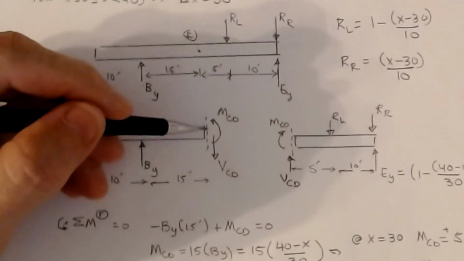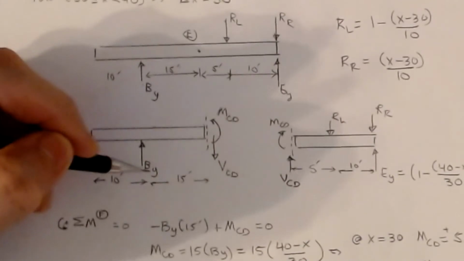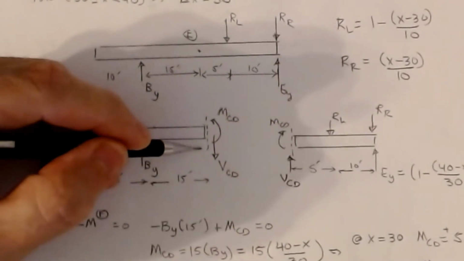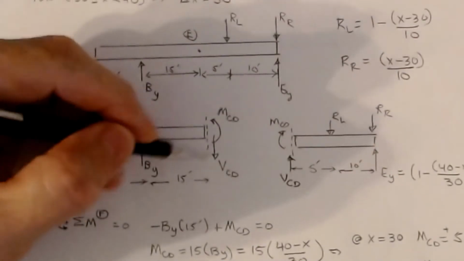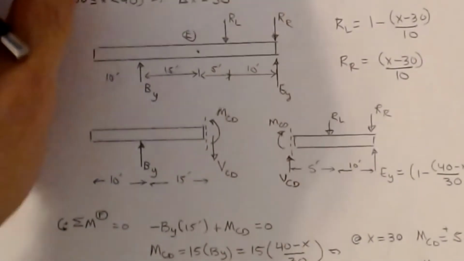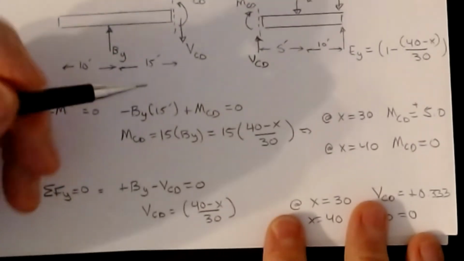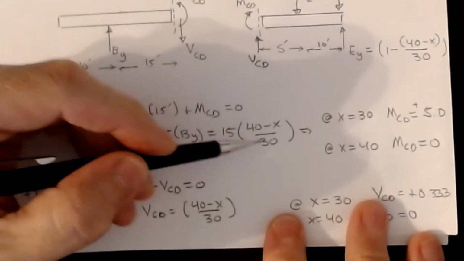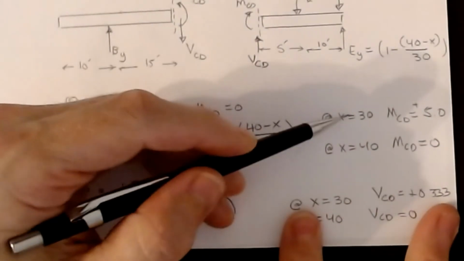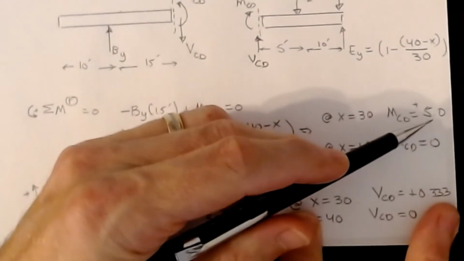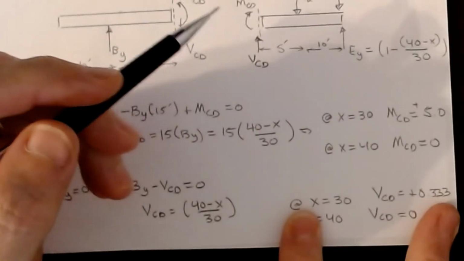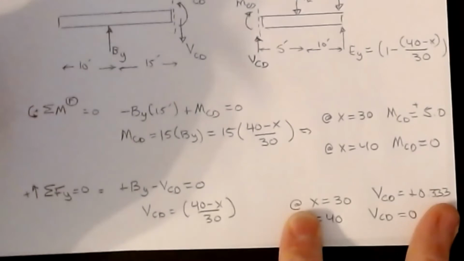So if we sum moments at F, this is going to be minus BY, again counterclockwise positive on the moment, minus BY times its distance of 15 feet, plus MCD all equal to 0. And if we plug in our values, that's 15 times BY, 15 times (40 minus x)/30. Plug in your values, x equals 30 gives me a positive 5, so that guy matches. And then at x equal to 40, we have an MCD equal to 0.